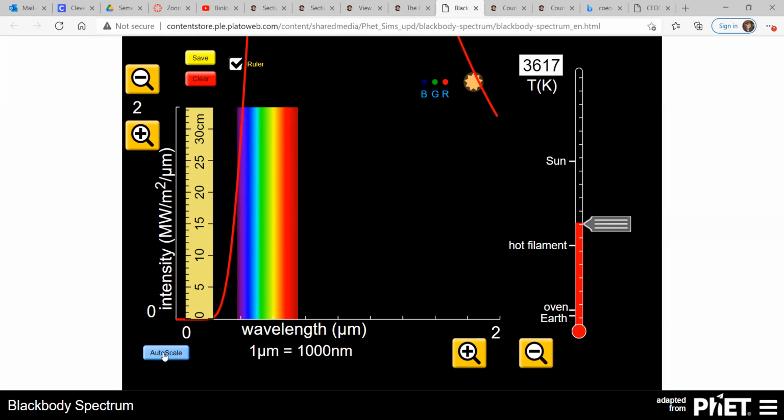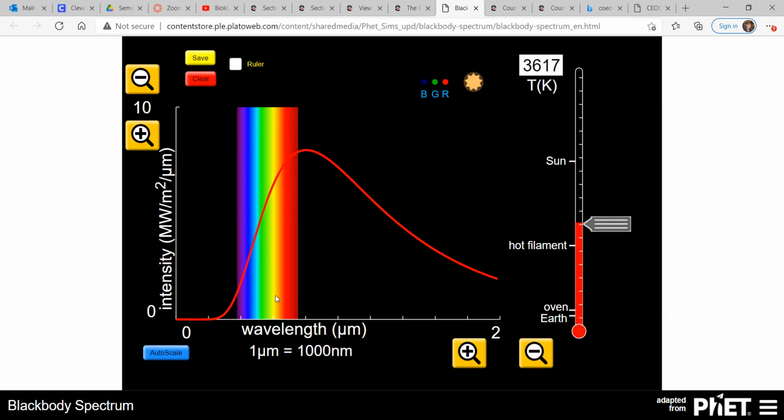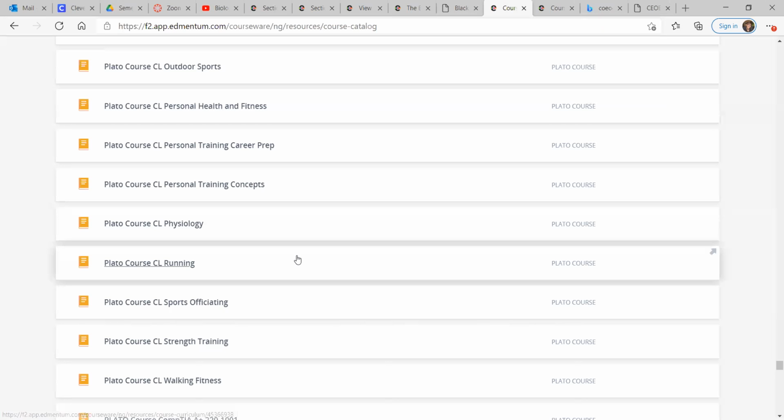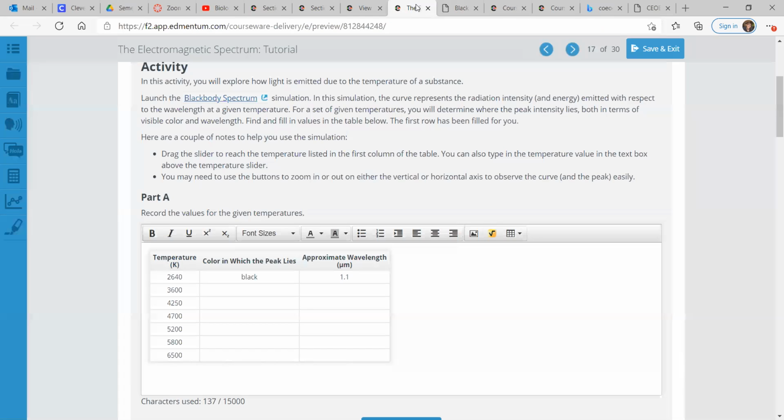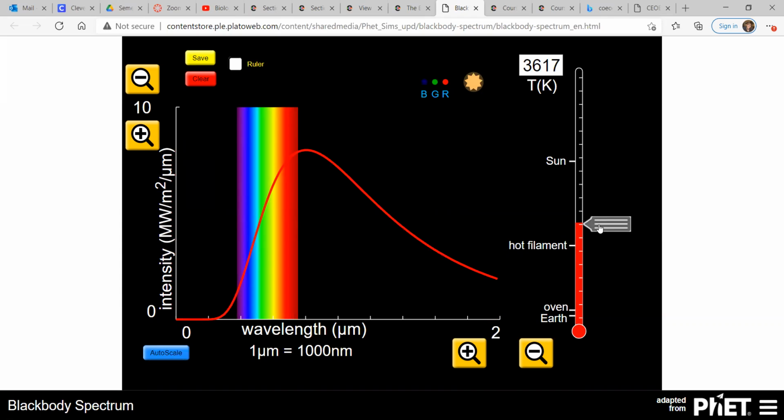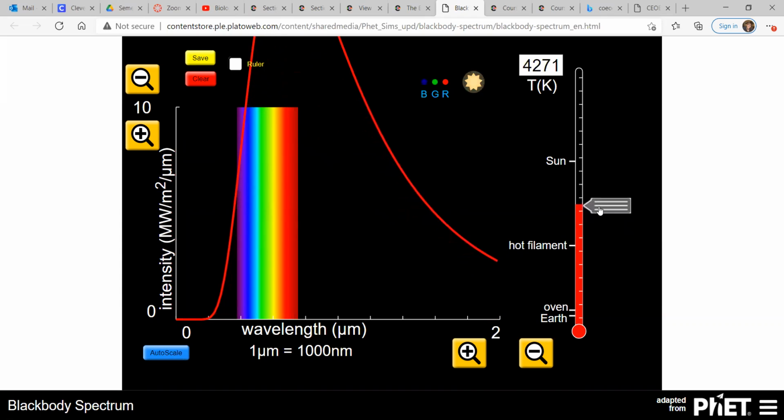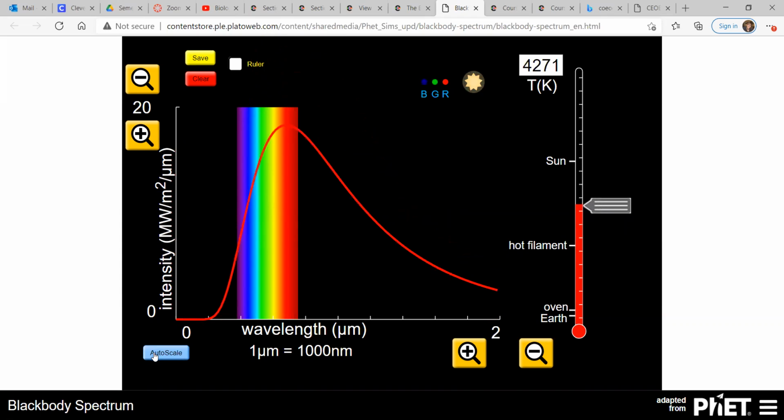And then auto scale. Very nice. Let's try 4250. Auto scale.